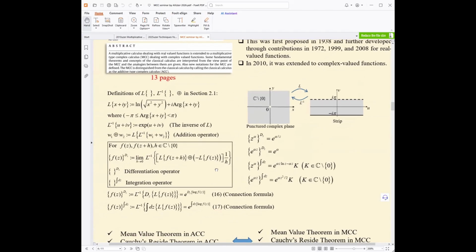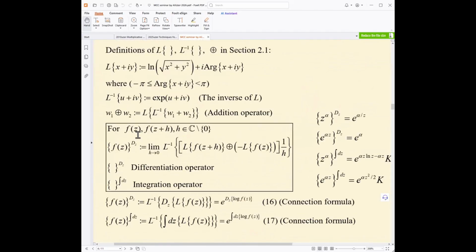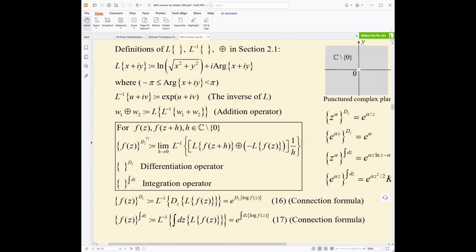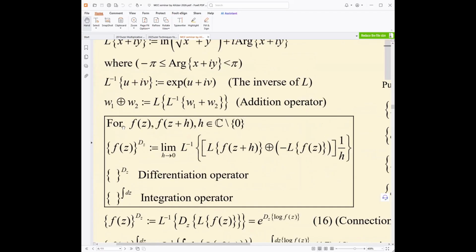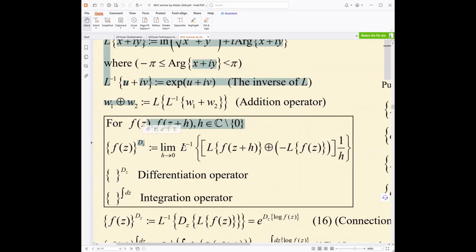And then the fundamental definition of the complex calculus comes. Assume any function that is an element of the punctured complex plane C minus 0, and assume any infinitesimal complex number that is non-zero, and an element of this complex plane.